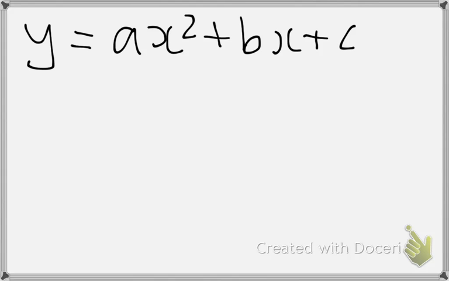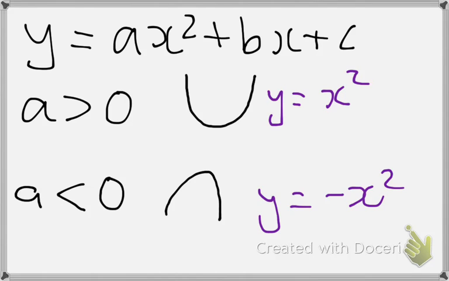Okay, one last thing before we do a question. If the coefficient of x squared, that is this a term, if a is greater than 0, then the parabola is said to be concave up, or happy face.